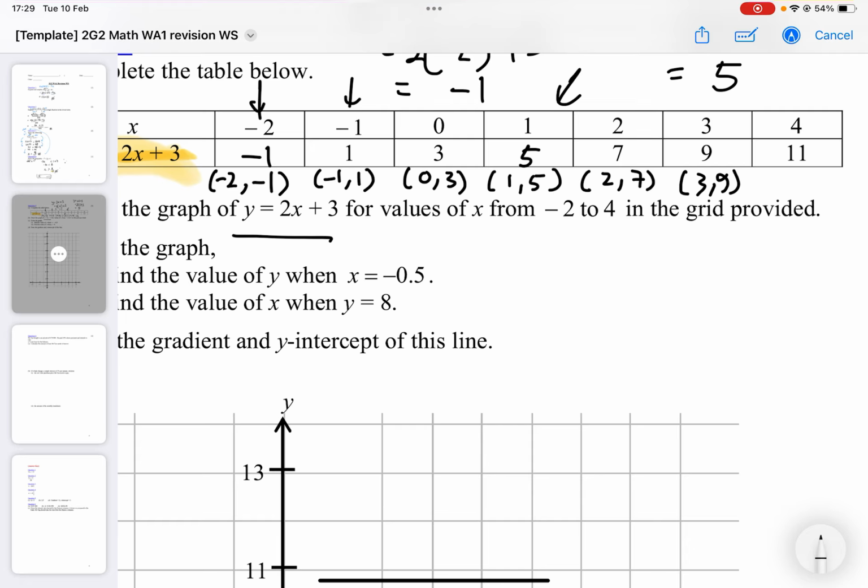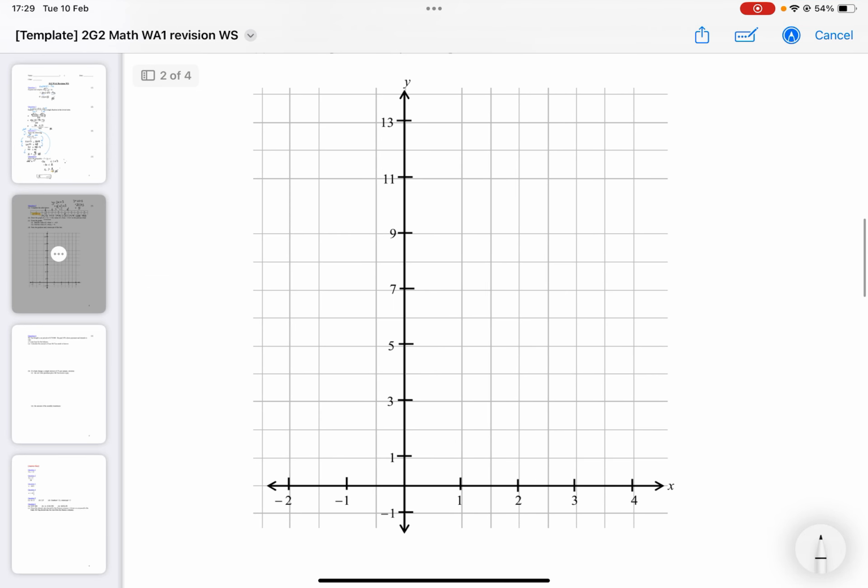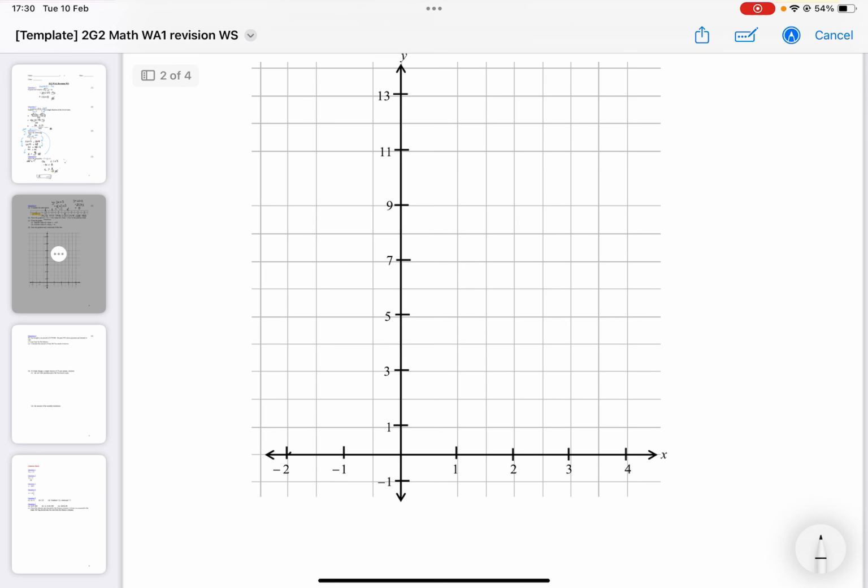With these points, you will be able to plot negative 2, negative 1. So I must go to x negative 2. Negative 2 means it moves left. Then negative 1, so it must start here. Negative 2, negative 1 is my first point.